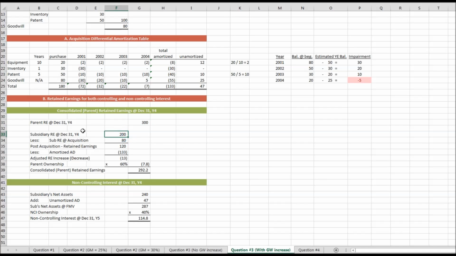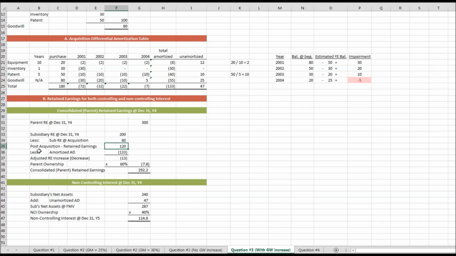And the same thing for the sub right here, 200. So what we want to do over here is take out the retained earnings at acquisition to find the difference, so how much it increased by. So 200 minus the 80 retained earnings at the acquisition gives us an increase of 120 right there since acquisition.